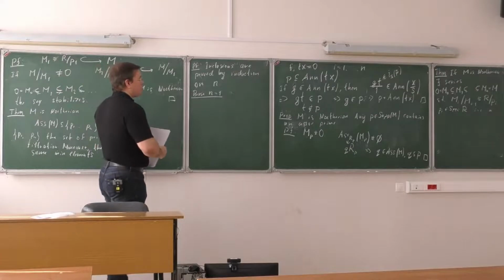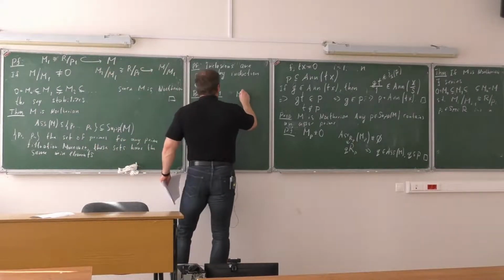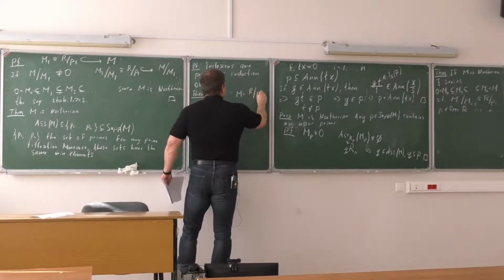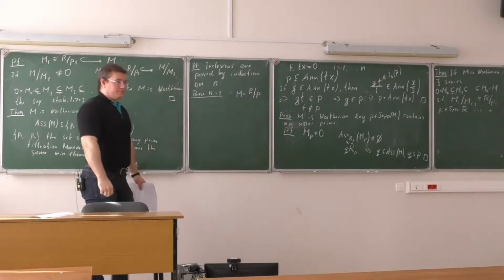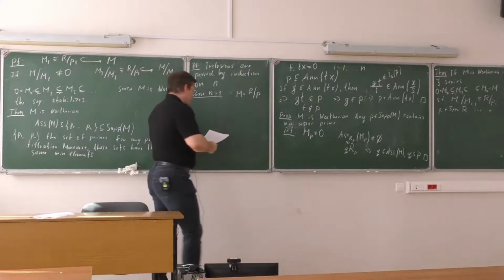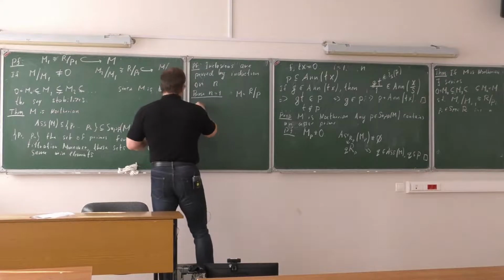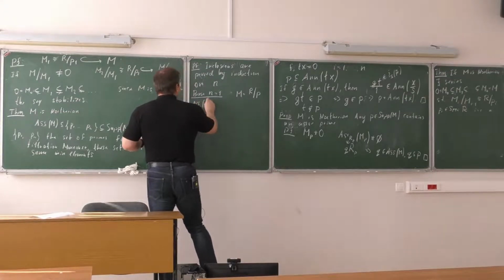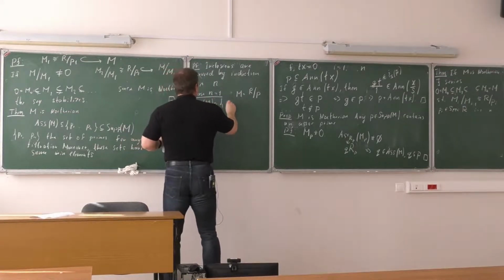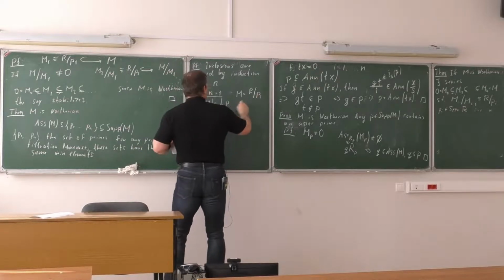If n is equal to 1, then the module you consider is just a quotient by a prime ideal. So in this case, we all know the answers for the associated primes. For the associated primes, it's just one, let's say this is P1.